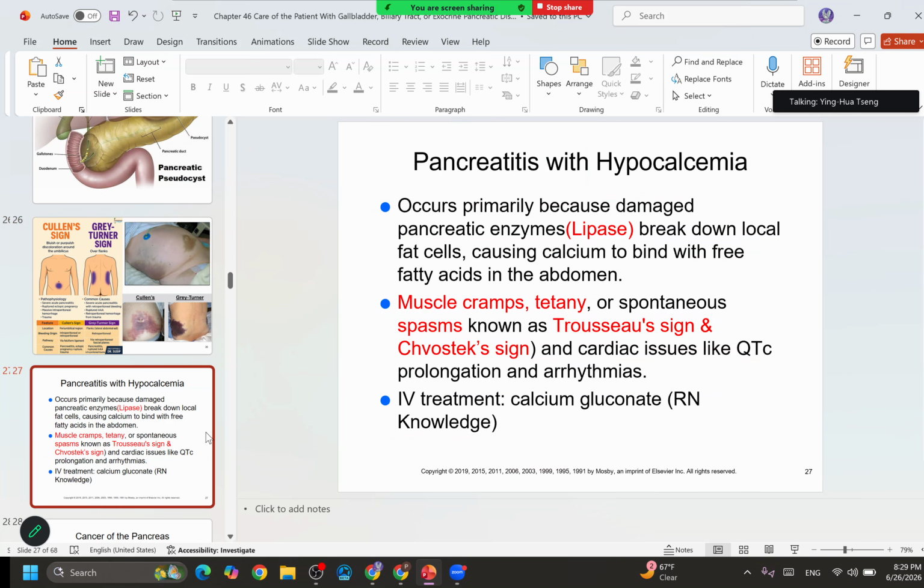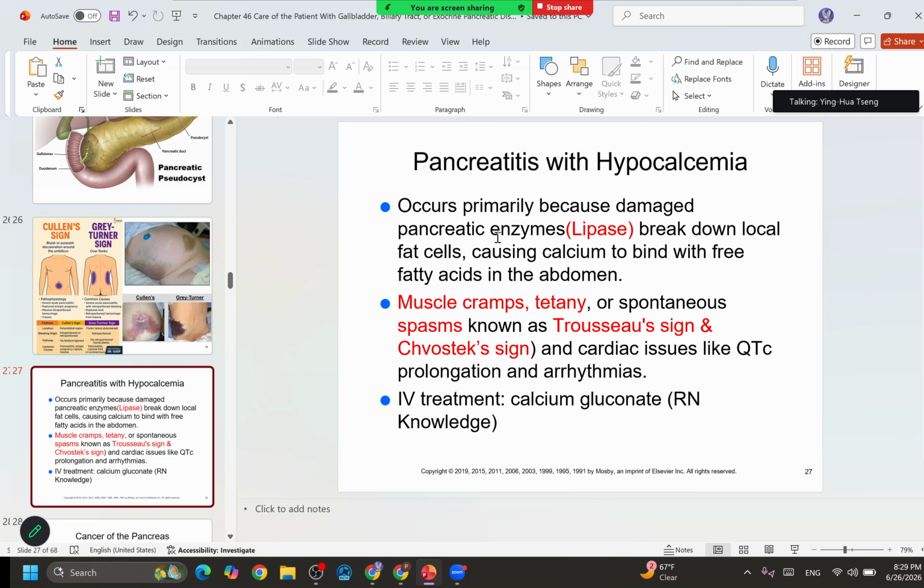Why does it cause low calcium? Lipase is an enzyme that breaks down fat, right? That means this enzyme is leaking outside the pancreas and seeping out to your organs. Between organs we have fat as a cushion, otherwise the organs would be bumping together, like an injury.